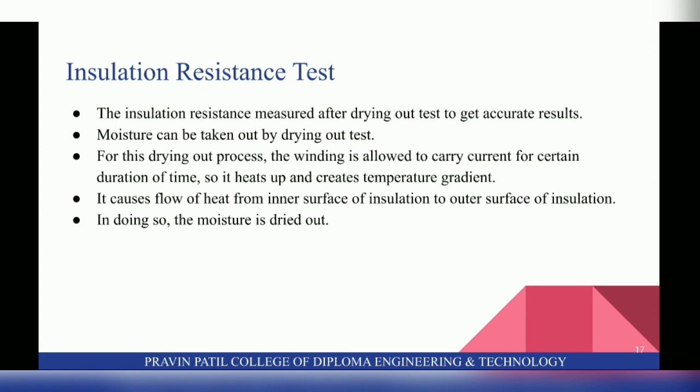Moisture can be taken out by the drying out test. For this process, the winding is allowed to carry current for a certain duration of time. It heats up and creates a temperature gradient, which causes flow of heat from the inner surface of the insulation to the outer surface. In doing so, the moisture is dried out.